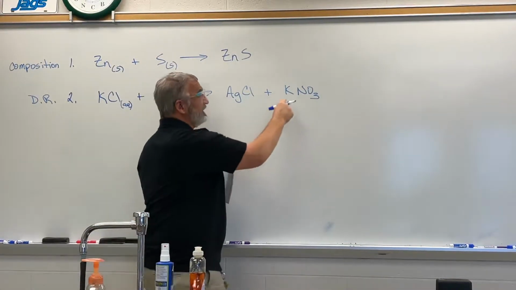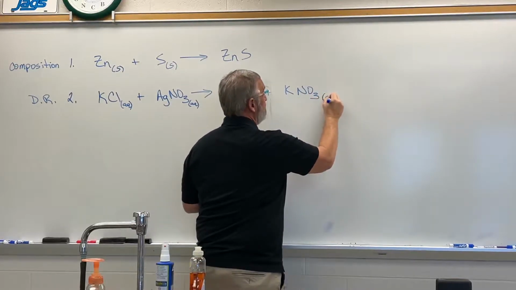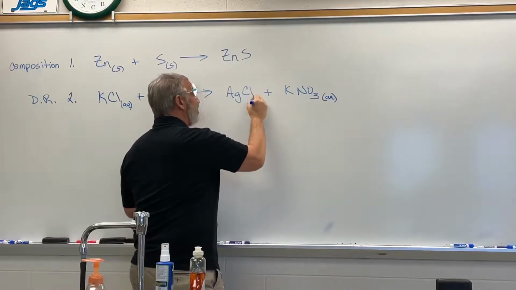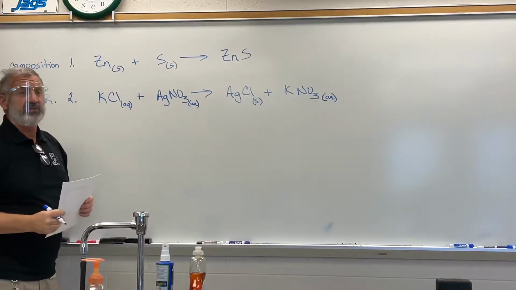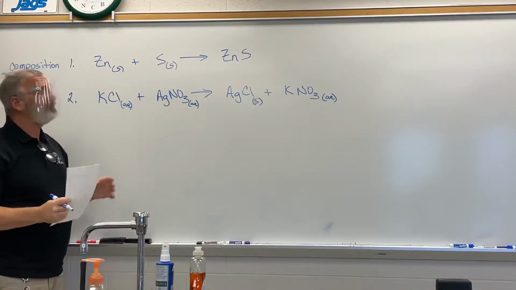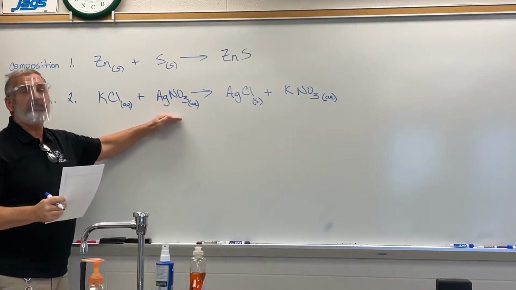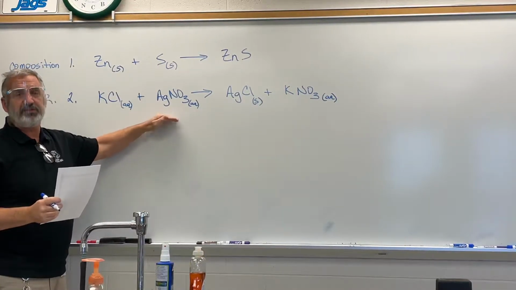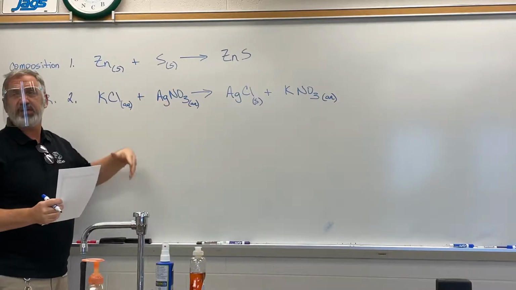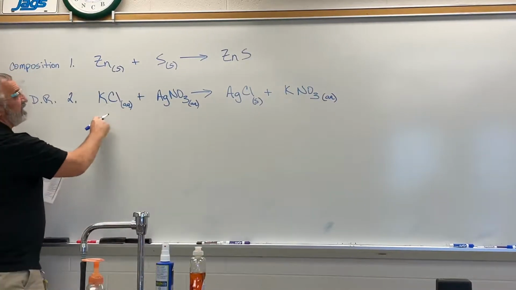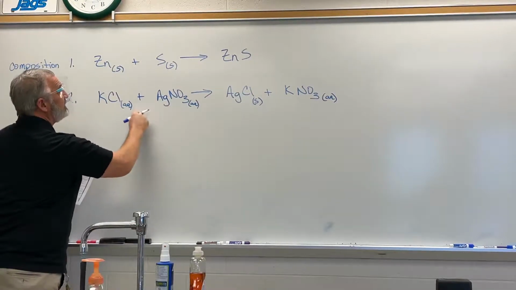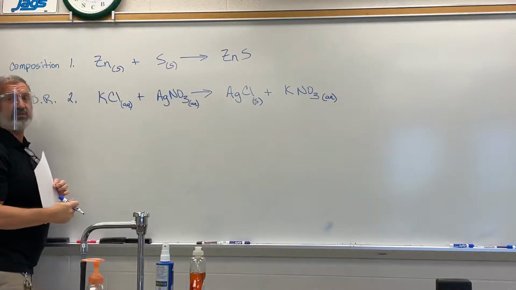The KNO3 has got an alkali metal and a nitrate. So this would have to be my precipitate if the reaction is going to occur. Now you didn't have to put any of that on there, but you are going to have to know how to do all that. So I'm just kind of highlighting. Okay? Because they're not telling you this is aqueous, but almost always these have to be aqueous.